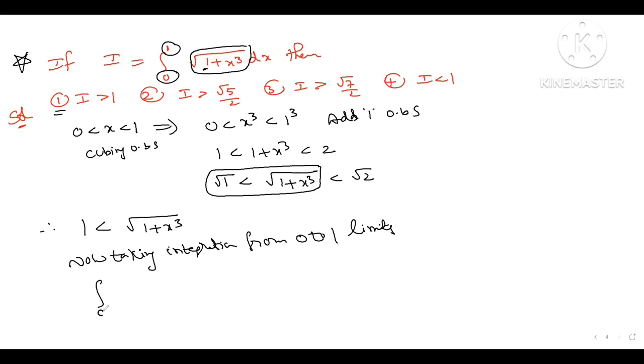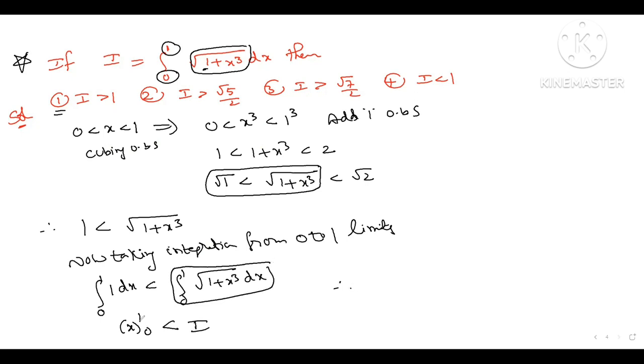Integral 0 to 1 dx less than integral 0 to 1 root under 1 plus x cube dx. The integral of 1 dx is x from limits 0 to 1, which is less than this, and this is nothing but statement I. Therefore, on the left side, 1 minus 0 is 1, less than I, which is nothing but I greater than 1. Option 1 is correct.